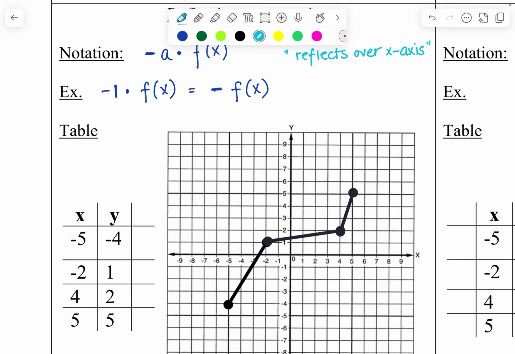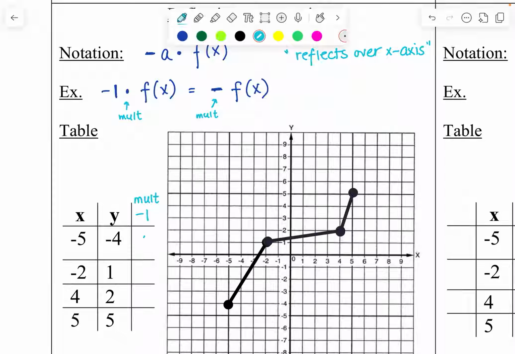Well, for our table, that means we're going to multiply, because notice how we are multiplying here. So that means we're going to multiply to our y values. It's happening on the outside of x. It's not on the inside of x. So whatever happens on the outside of the parentheses, it's happening to y. So we're going to multiply a -1 to our y values.